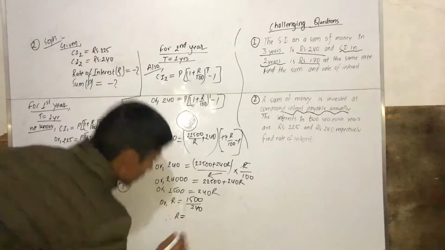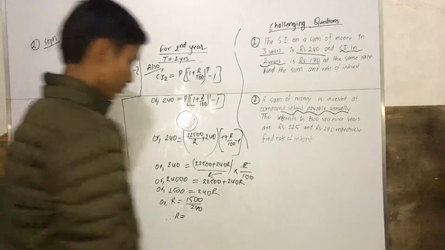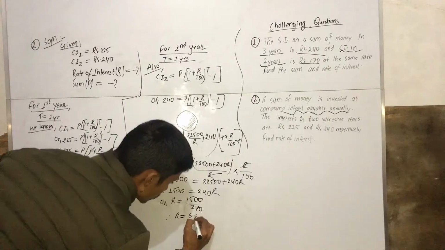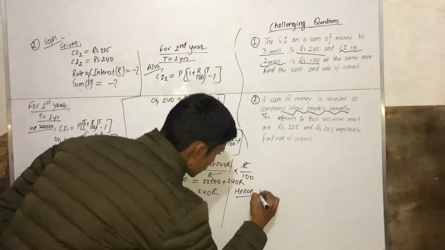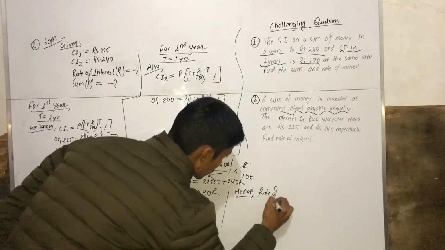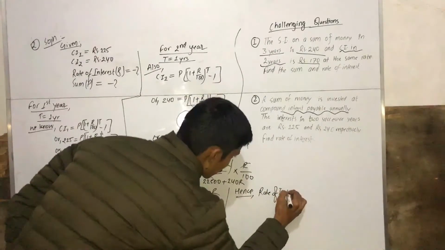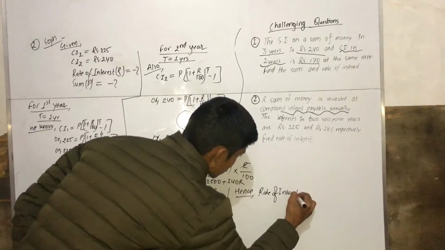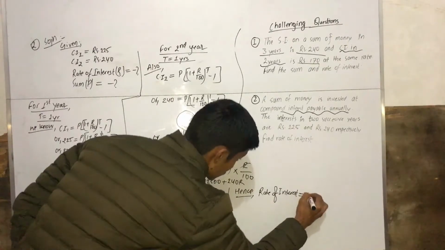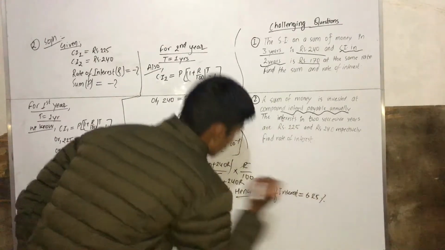Just calculate it on a calculator. Okay, the value comes 6.25. Hence the rate of interest is equal to 6.25%.